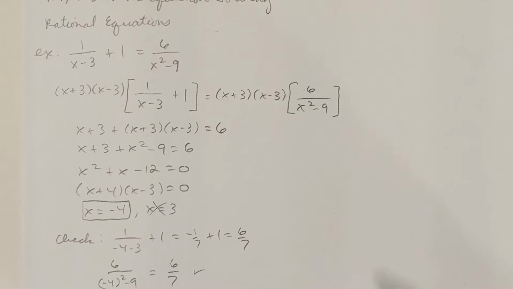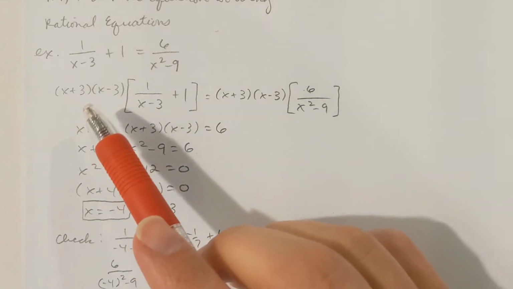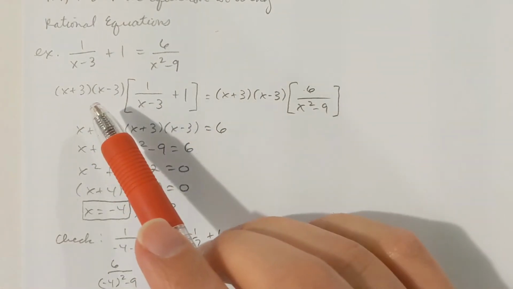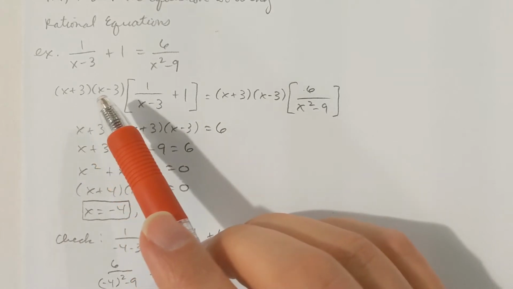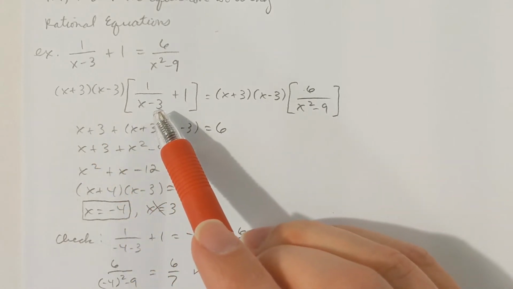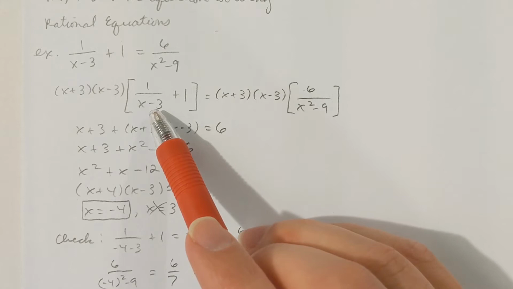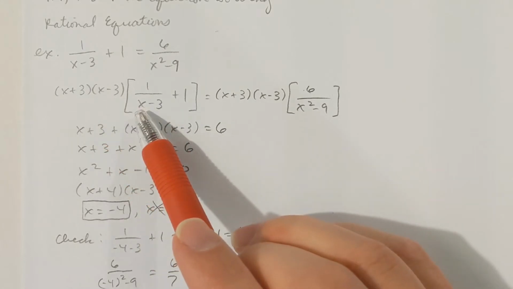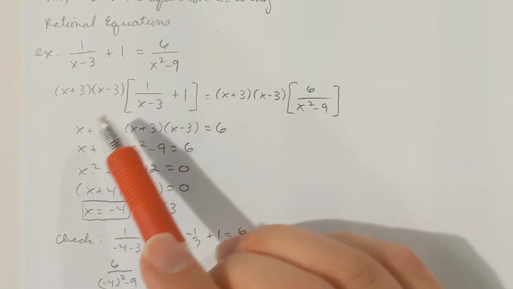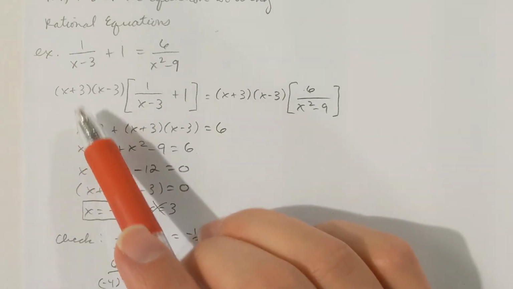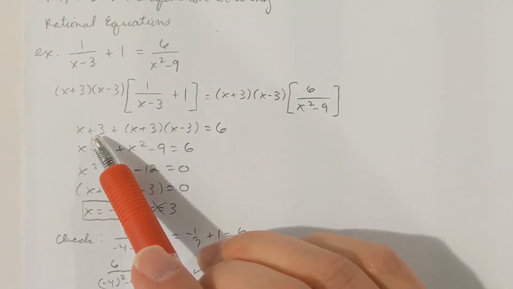So if I multiply both sides by x plus 3 times x minus 3, when I distribute x plus 3 times x minus 3 into the first term here on the left, the x minus 3's will cancel. That's going to leave me with the 1 that's in the numerator, also the x plus 3 that's still coming into that first term in the numerator.